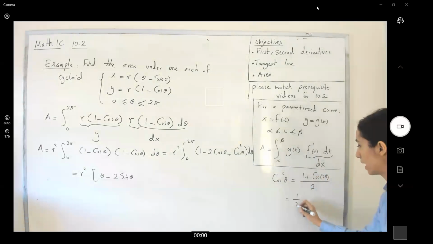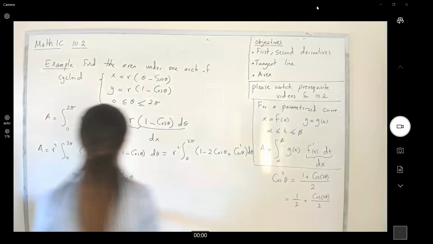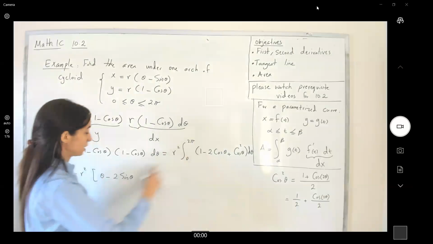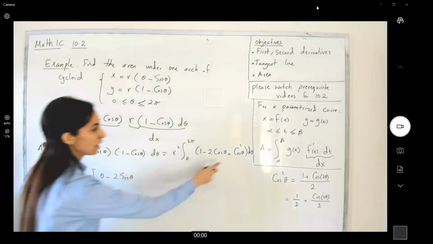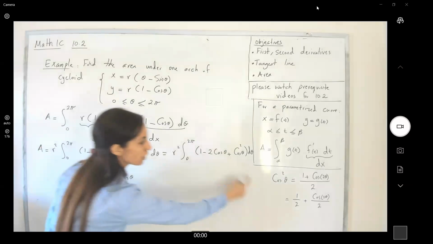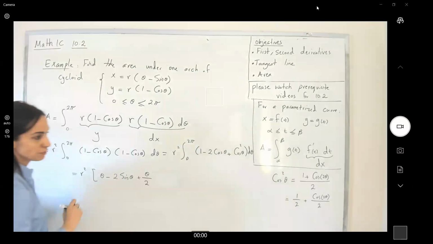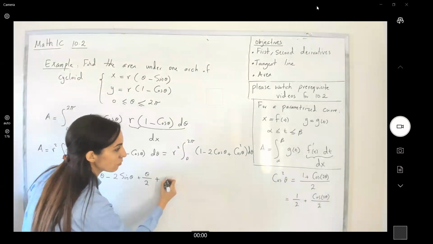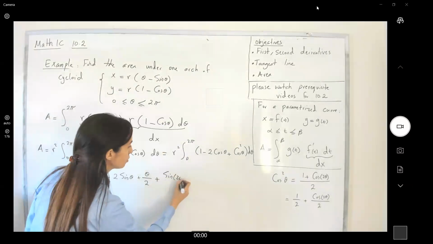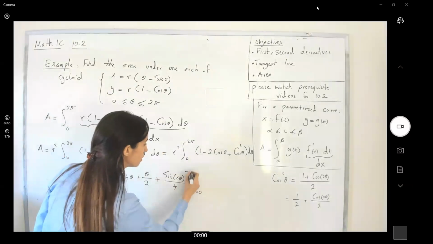So I have a half plus cosine 2 theta divided by 2. So the integral of 1 is theta, the integral of 2 cosine theta is 2 sine theta, and I'm left with the integral of a half, which is theta over 2. The integral of cosine 2 theta is sine 2 theta divided by 4, and my theta is in between 0 to 2 pi.